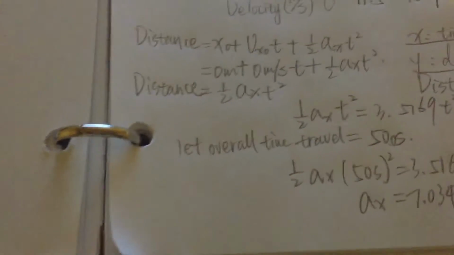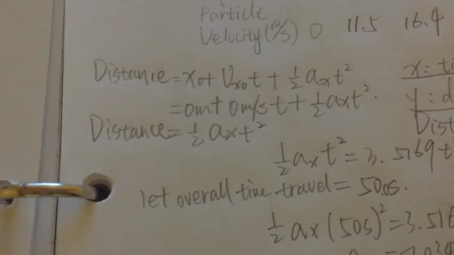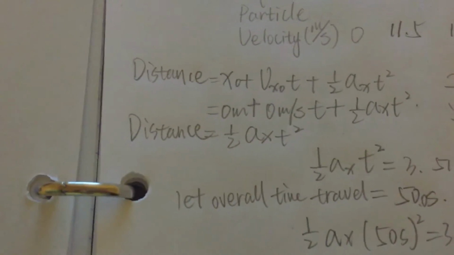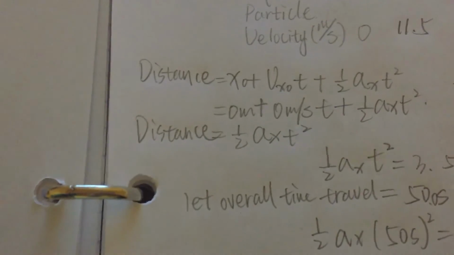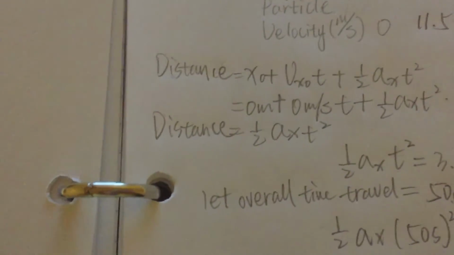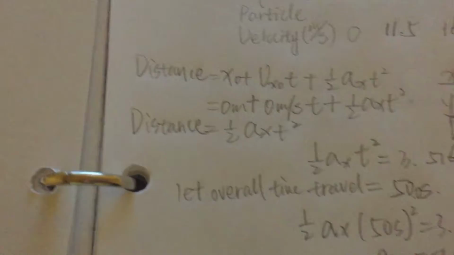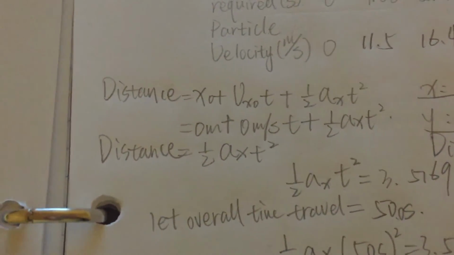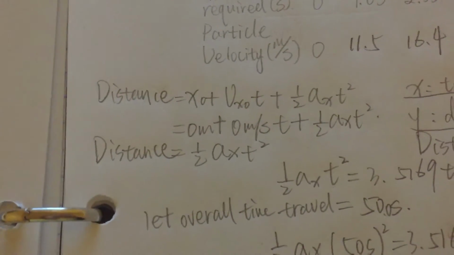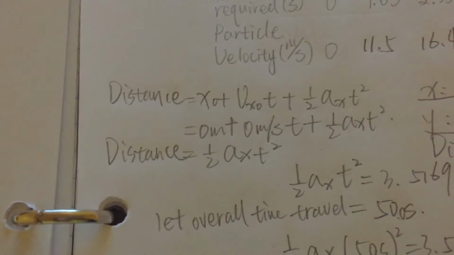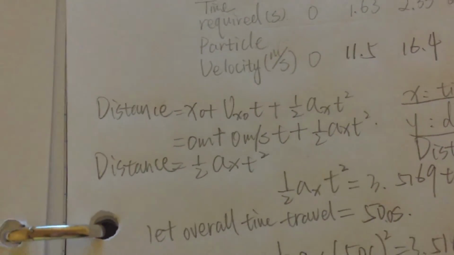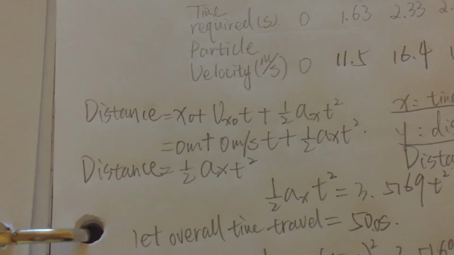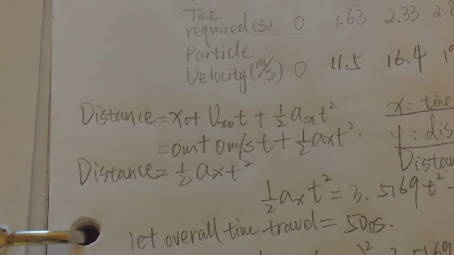For my calculation, there is a formula that I learned in class: the total distance is equal to x0 plus velocity x0 times time, plus 1/2 acceleration times time squared.